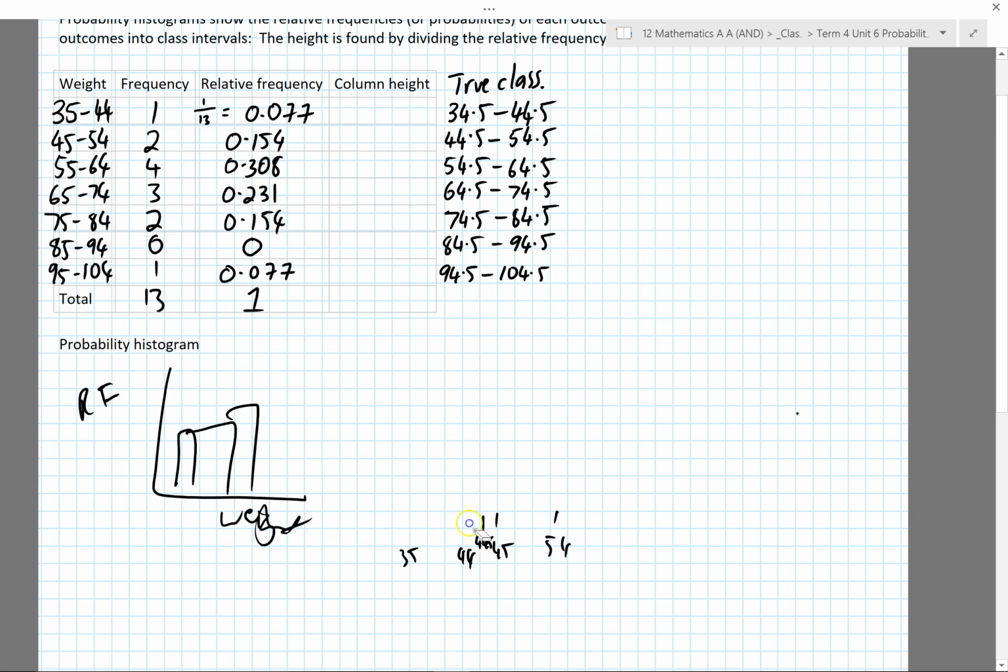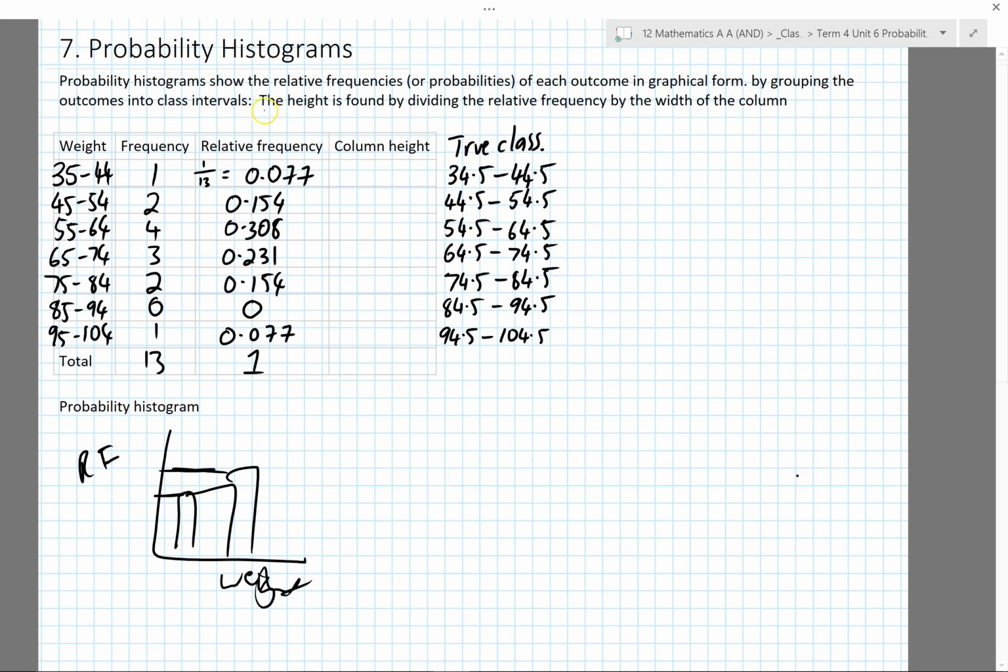The other thing that we need to be really careful about is the heights of these bars. So it's not just the relative frequency. The height is found by dividing the relative frequency by the width of each column. So the width of these columns, if you imagine it on the histogram, it spans 10 kilos.